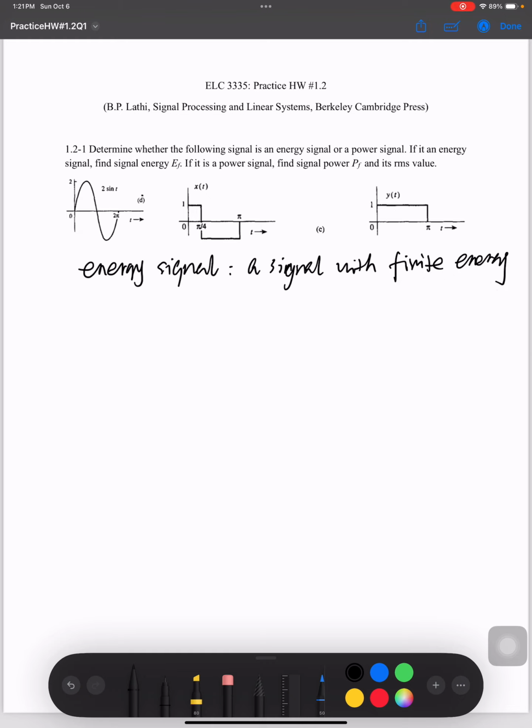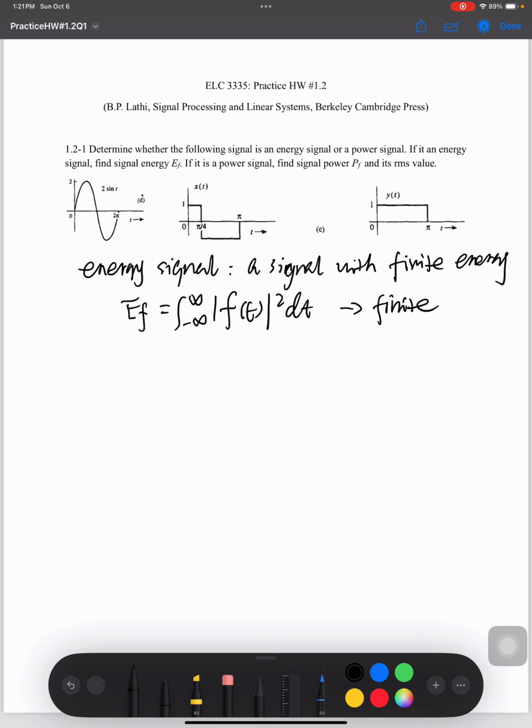Which means, equation-wise, EF is the integral from negative infinity to infinity of the absolute value of f(t) squared dt. This integral is finite.